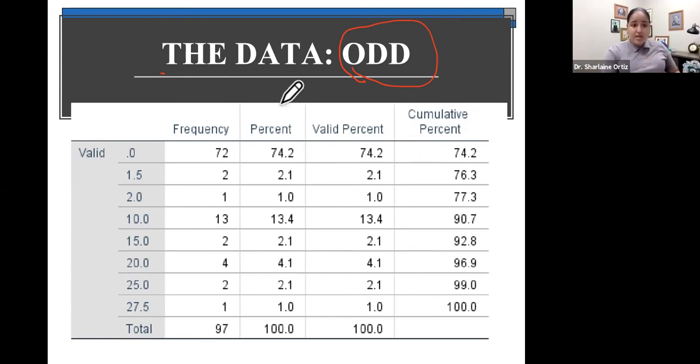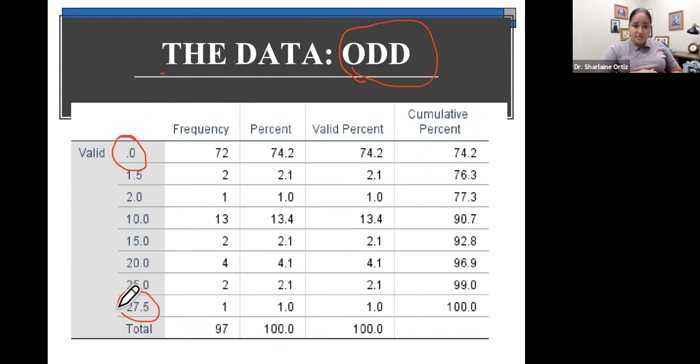So for instance, in looking at the frequency, we would say that the minimum score that these children could have to determine if they have mild, moderate, or severe ODD in our fictitious case, the minimum that they could have had was 0, and the maximum that they could have had was 27.5.